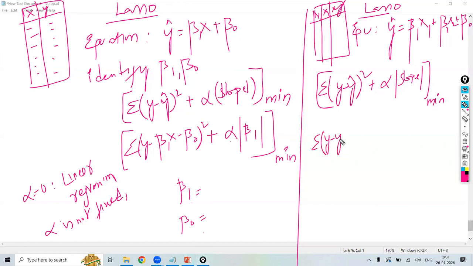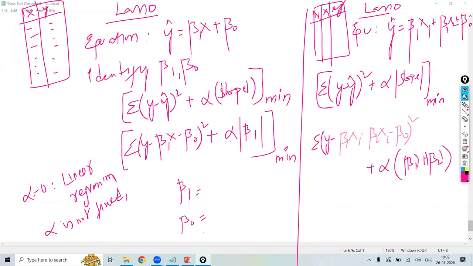Sigma of y minus y hat whole square, where I substitute y hat: y minus beta 1 x1 minus beta 2 x2 minus beta naught whole square, plus alpha into modulus of beta 1 plus modulus of beta 2. So two are there. Same alpha has to be multiplied with beta 1, and the same alpha has to be multiplied with beta 2 also.